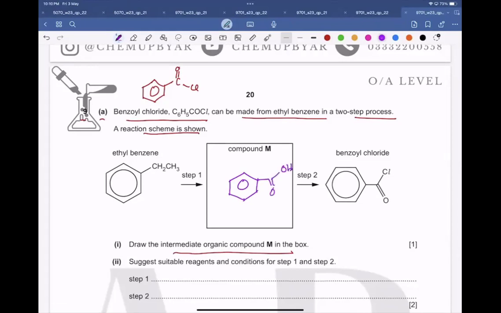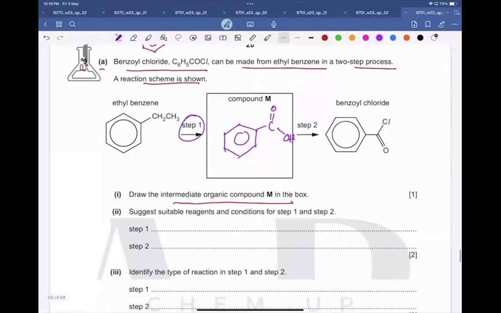See, this is the reaction which you were talking about, when we use alkaline KMnO4 over here in step 1, we get benzoic acid. Now it is easy to turn that benzoic acid into an acyl chloride. So suggest the suitable reagents and conditions.